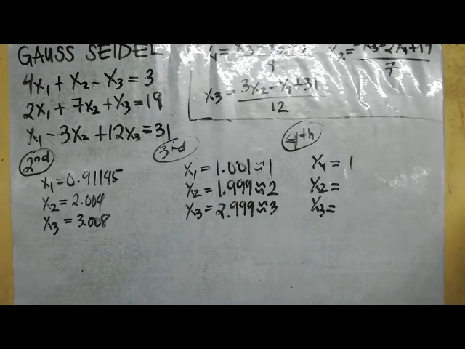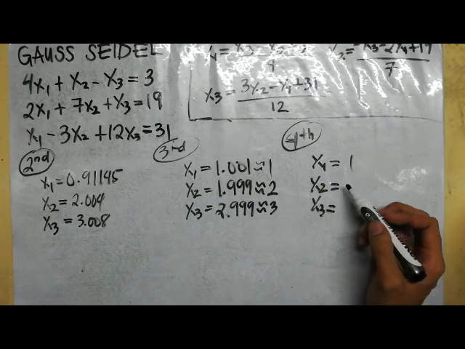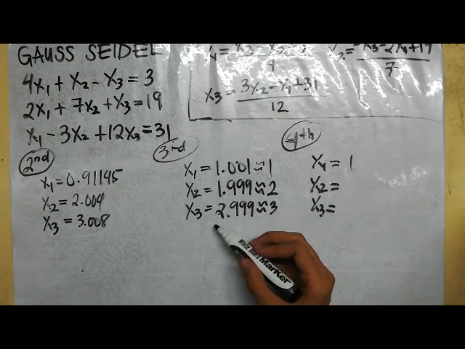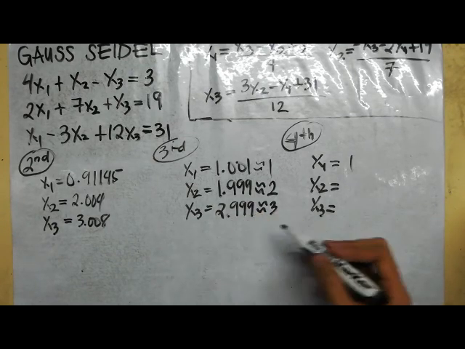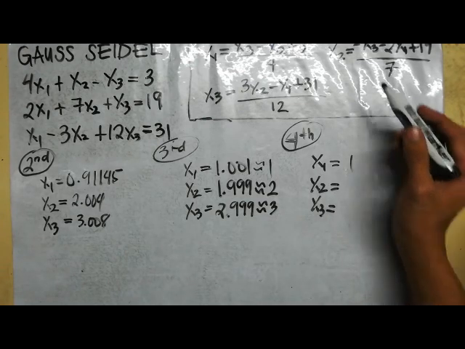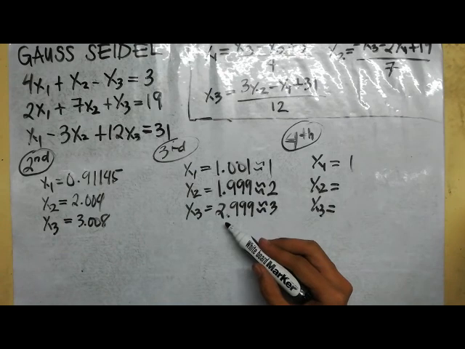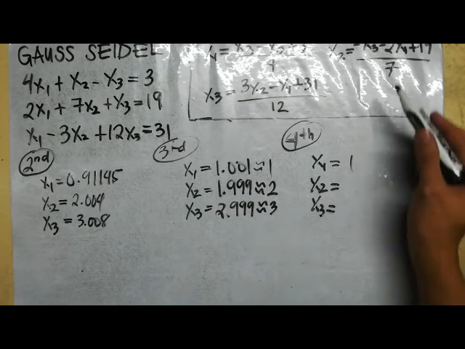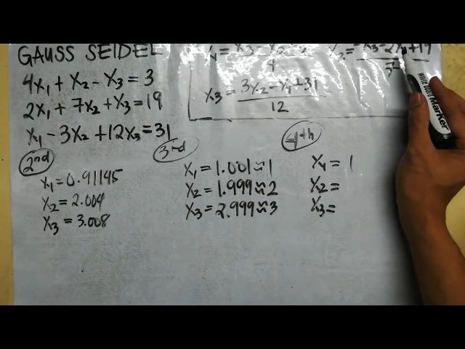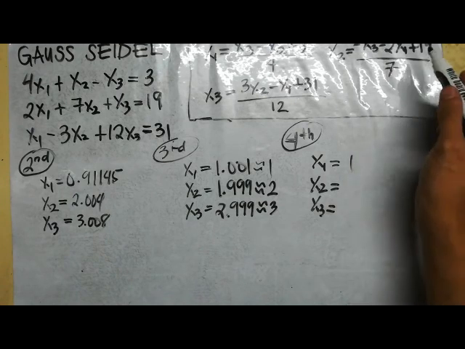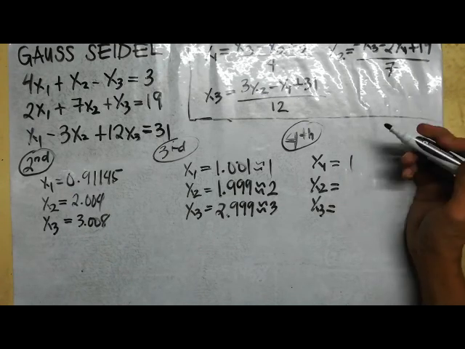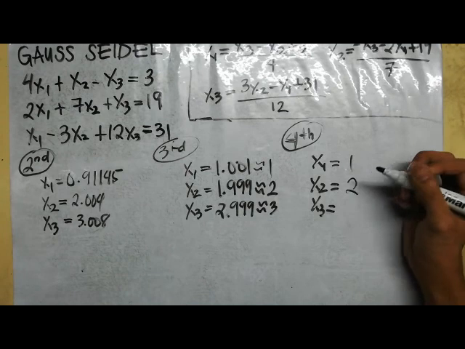Next, for our x sub 2, we will substitute x sub 3 and our new x sub 1. So we have negative x sub 3, which is negative 2.999, minus 2 multiplied by x sub 1, which is 1, plus 19 all over 7. So we will get 2.